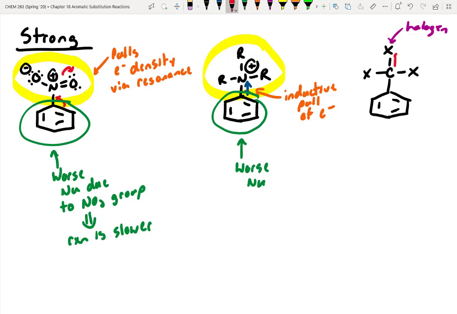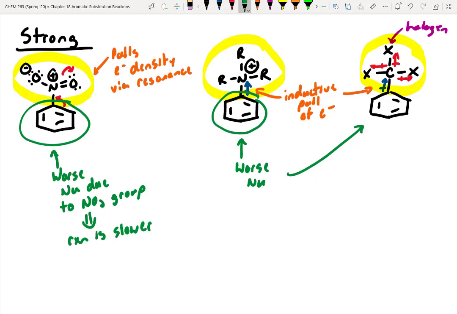We've got an inductive pull, inductive pull, inductive pull, but this time away from carbon, which results in a net pulling of electrons away from the ring itself. This is kind of like dipole induction or induction that we talked about earlier on this year. So it's kind of the same idea. We've got an inductive pull of electrons in either case, which means that these aromatic rings are going to be pretty crummy nucleophiles and the reaction will be quite slow.